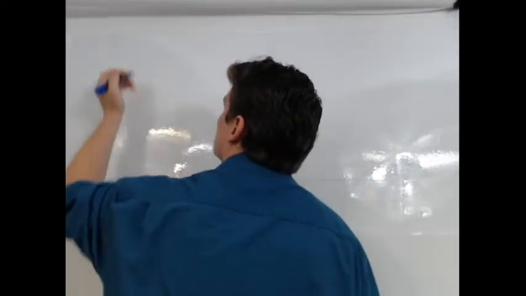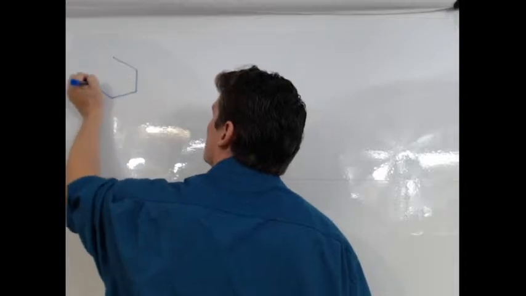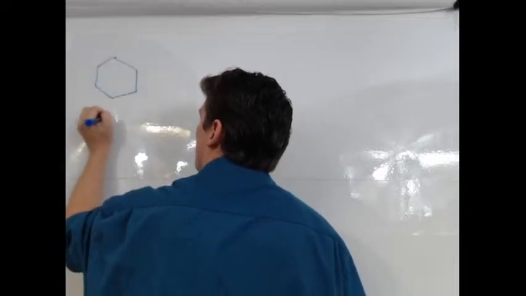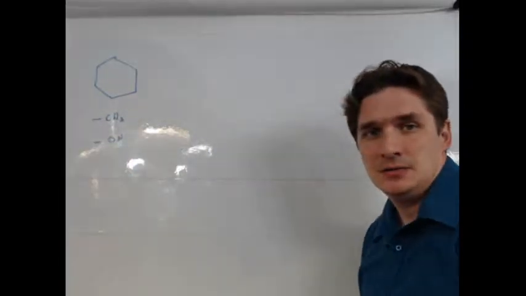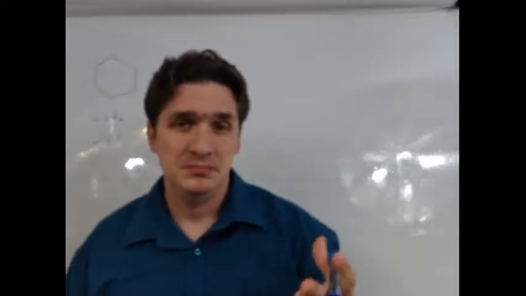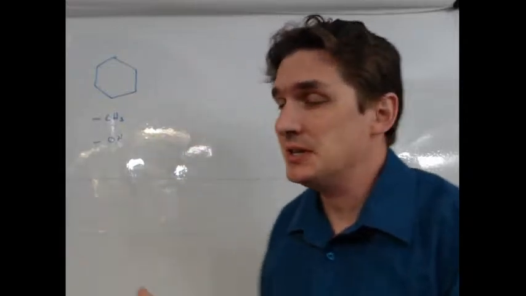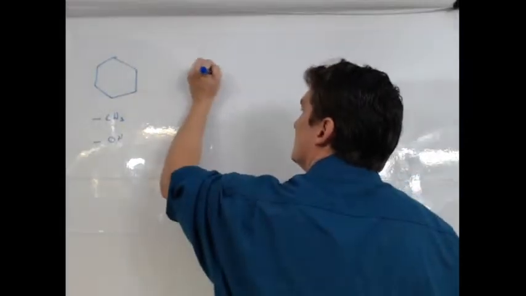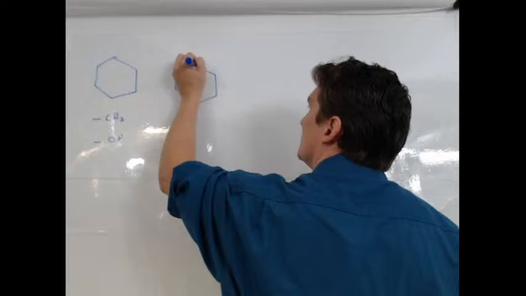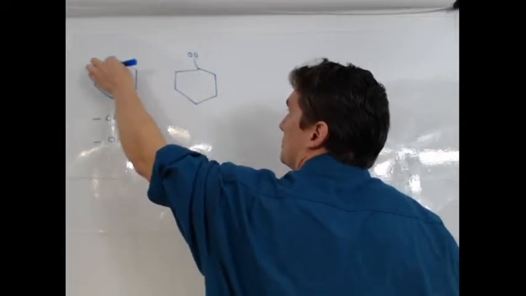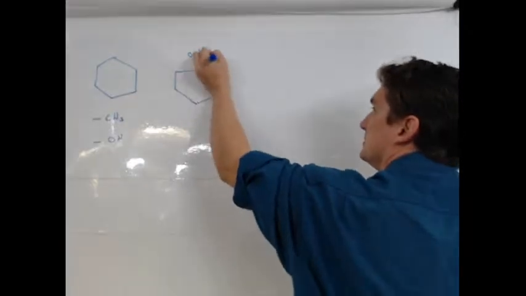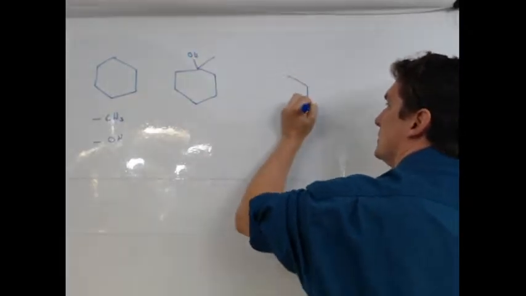So with cyclohexanol, we have 6 carbons, and we've got a methyl, and we've got an OH. Now, first position doesn't really matter, so I'm just going to stick the OH group on. And we have 4 unique positions. One where they're both bound to the same carbon.